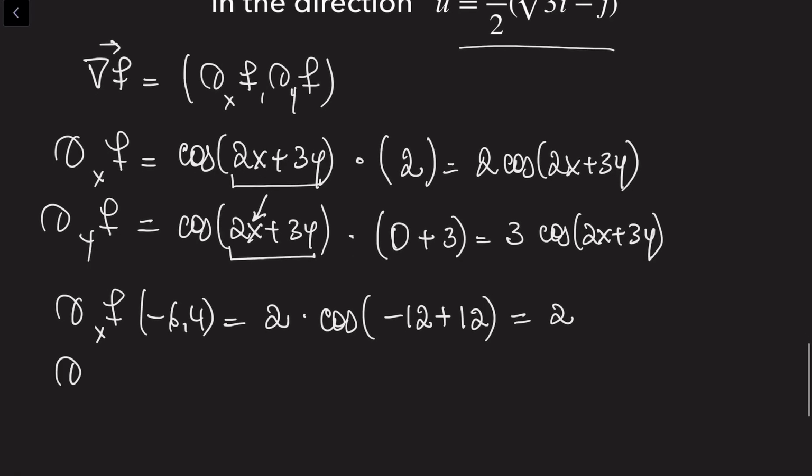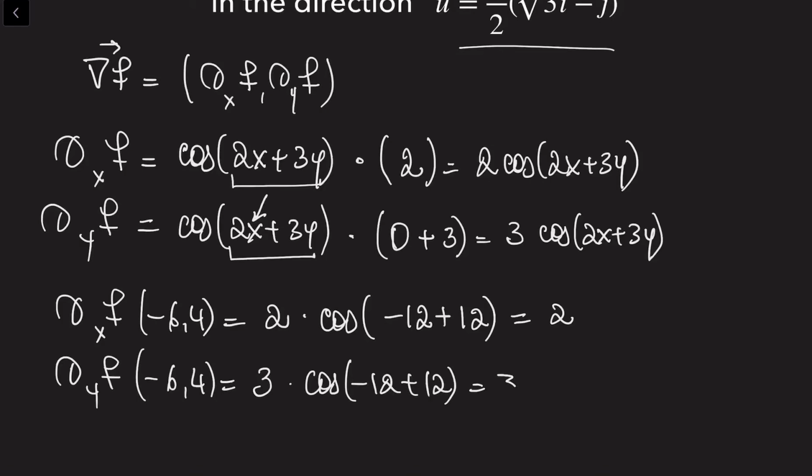And the partial derivative of f with respect to y at minus 6 and 4 is equal to 3 times cosine of minus 12 plus 12, which is 3, since cosine of 0 is equal to 1. Good.